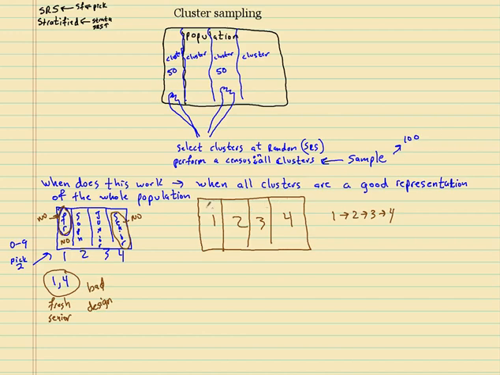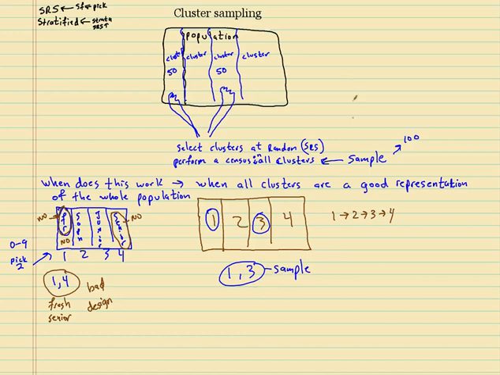I could randomly choose 1 and 3, and 1 and 3 are my sample. And you take everybody from 1 and 3. So basically that's cluster sampling.